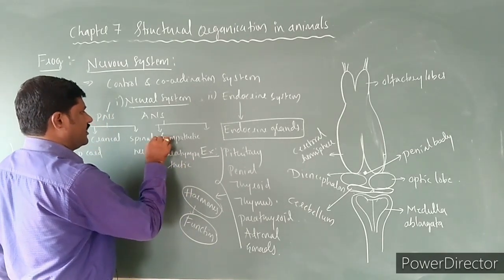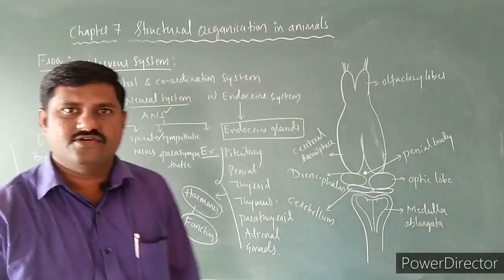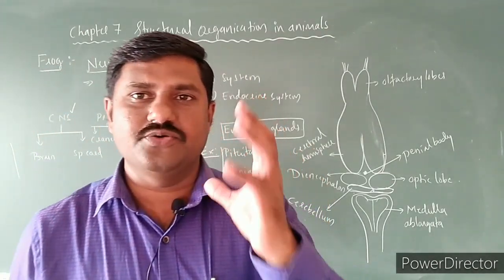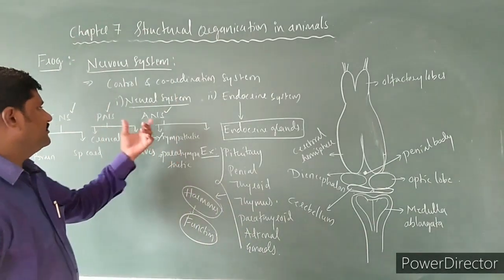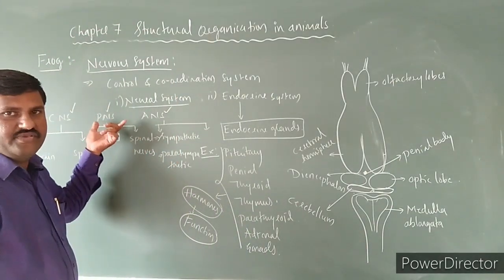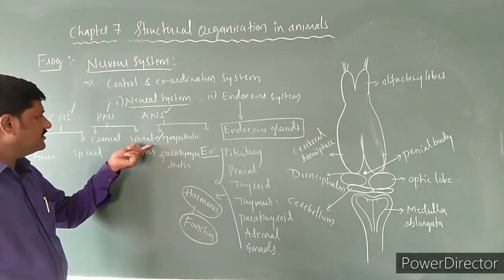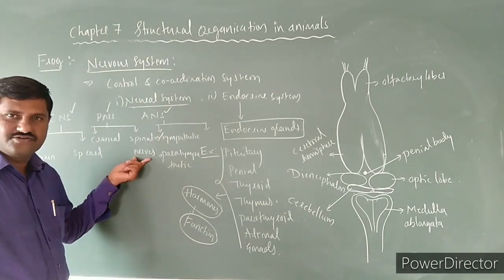So these two come under ANS, right? You have studied these things thoroughly last year. So ANS, leave it. PNS: cranial nerves as well as spinal nerves.